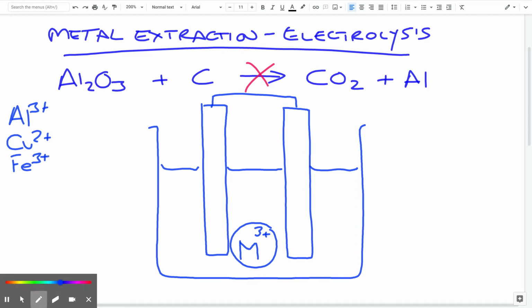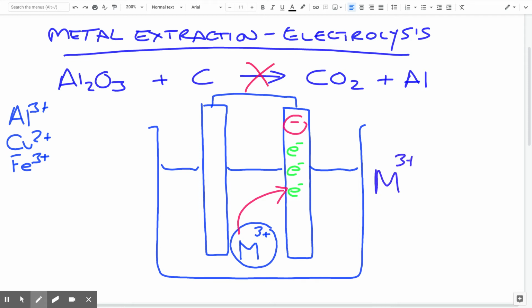And what we will do is allow that metal ion to be attracted to the negative electrode. And the negative electrode is essentially negative because it has a build-up or a collection of electrons upon it. And when the metal ion hits that electrode, it is allowed to pick up the electrons that are there.